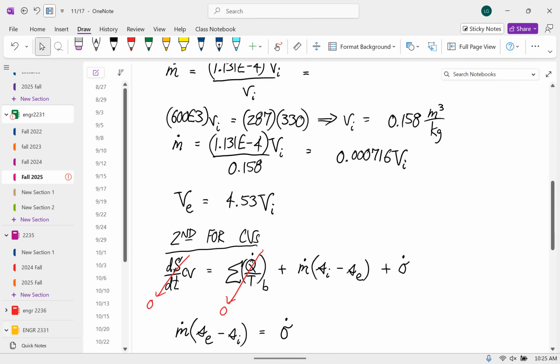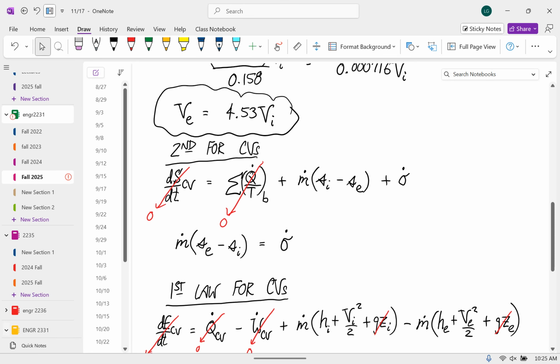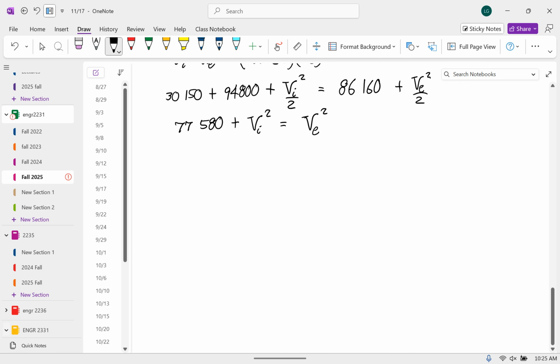And from before, we have this relationship. So right now, that's one equation with two variables. But if we now use this second equation, Ve is 4.53 Vi. So we have 4.53 Vi all squared is equal to Vi squared plus 77,580.